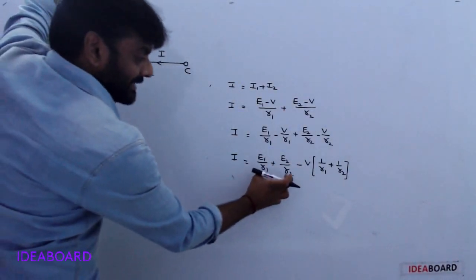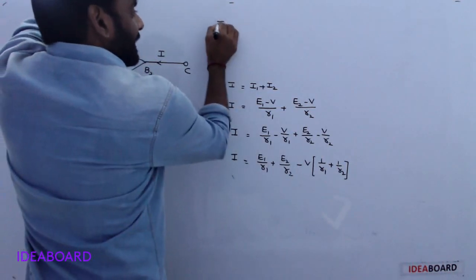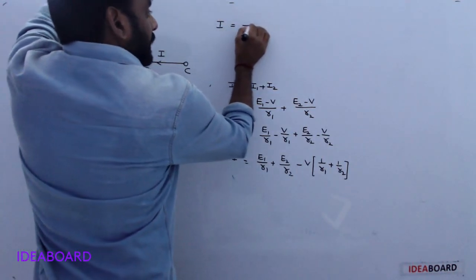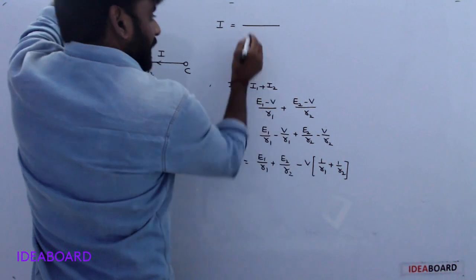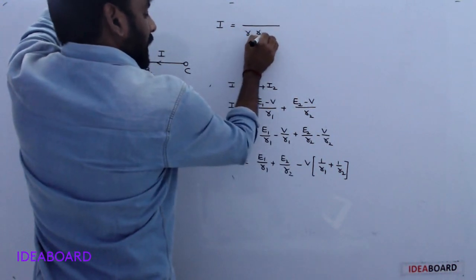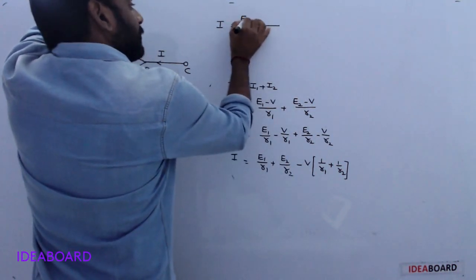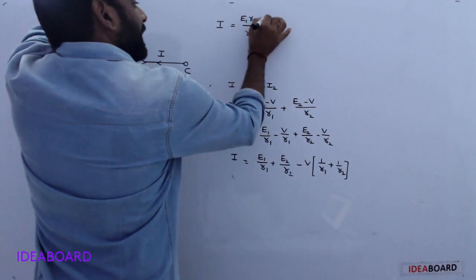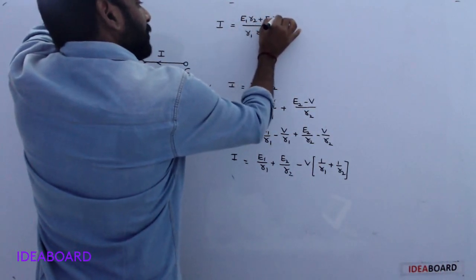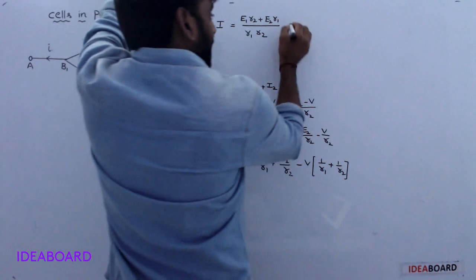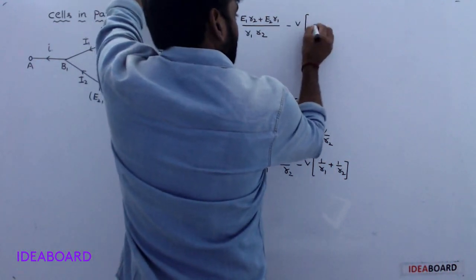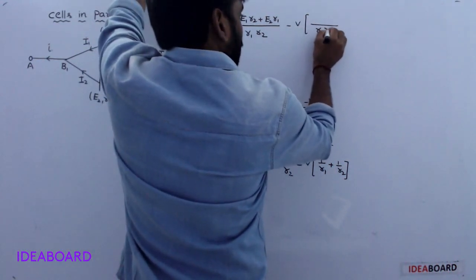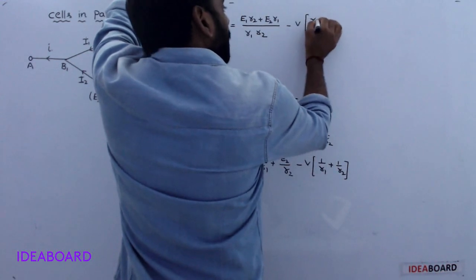Now, what is the LCM here? The LCM is R1 R2. I is equal to E1 R2 plus E2 R1 minus V into R1 plus R2, all over R1 R2.